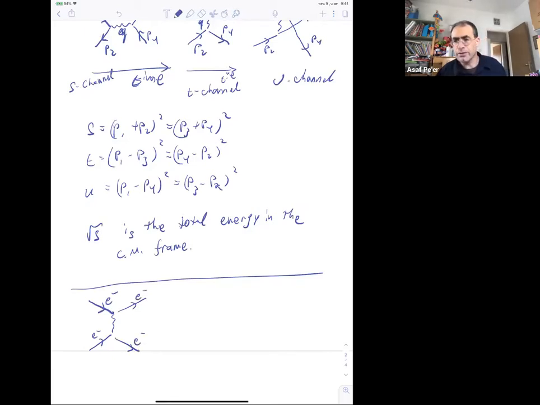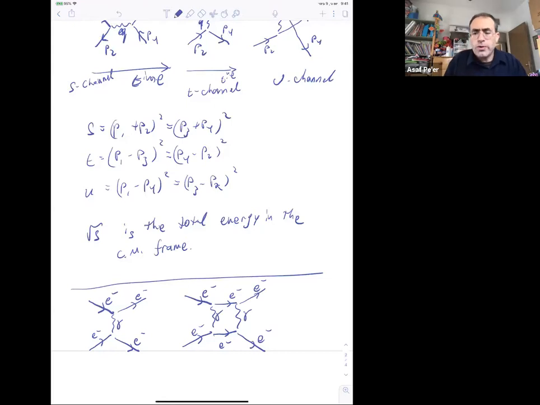But we can also think of the possibility that they may exchange two photons. So really we have to sum up over all possibilities, and there are infinitely many of those.